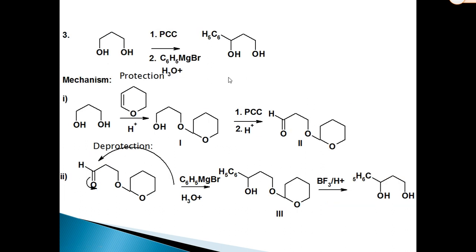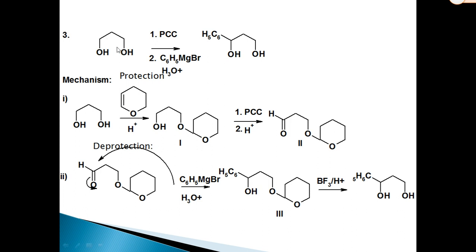Now this is the third example, in which we have propane 1,3-diol. Here we want to introduce this C6H5 phenyl ring to this first carbon atom. So obviously the second hydroxy group should be blocked.